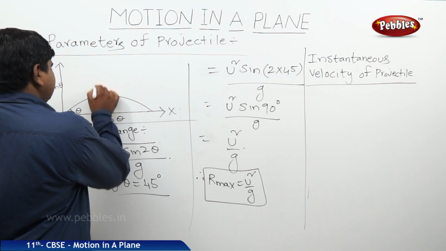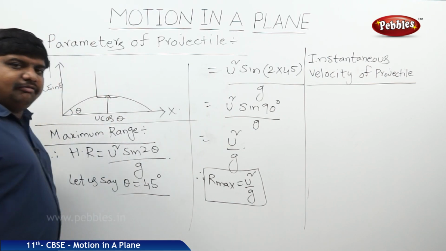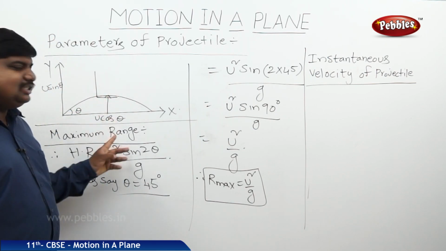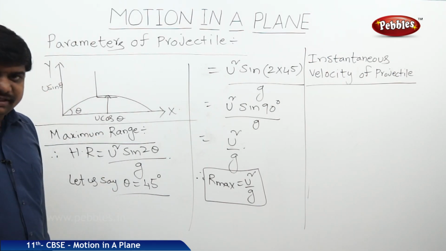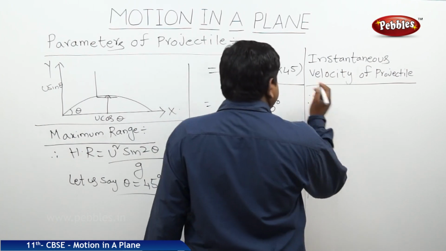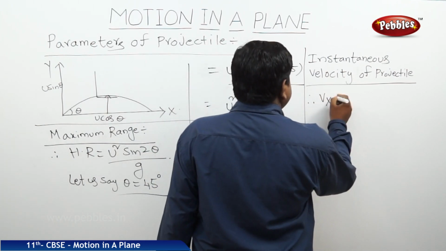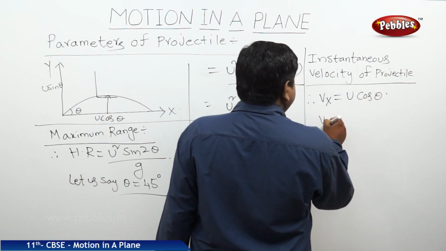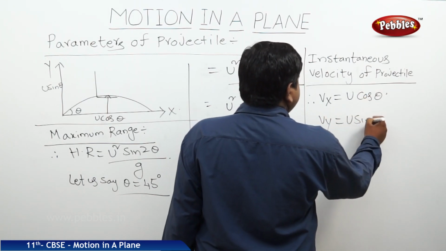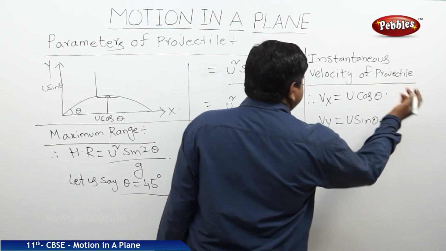So at this point, the velocity is always tangential to the path. So what we can write is Vx is u cos theta, Vy is u sin theta minus gt. We already got this.